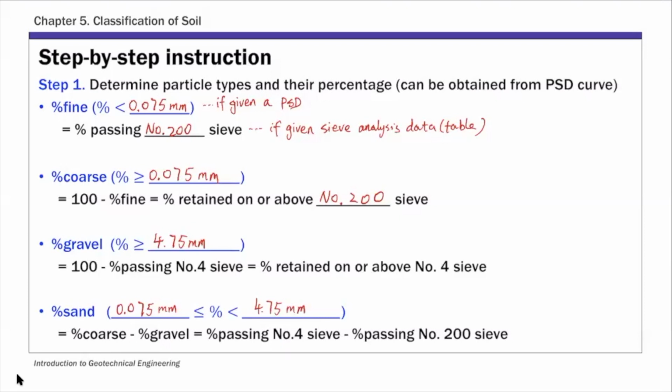If you have the percent of gravel and percent of coarse calculated, it's the difference between these two. So that's the percent of sand. That's the first step, getting the percentage of the different types of soils.